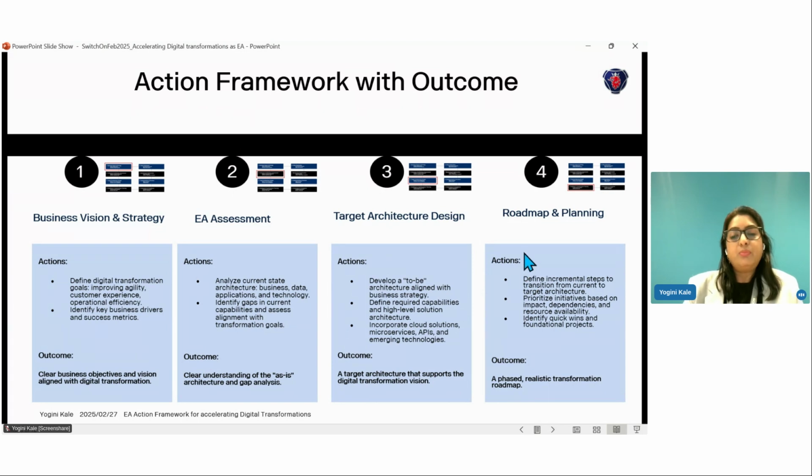The next step or the stage would be the most important, where you have the roadmap and planning phase, where you identify what is the roadmap ahead from the architecture point of view. How does the transition happen? How do you plan the transformation or the transition in a realistic way?